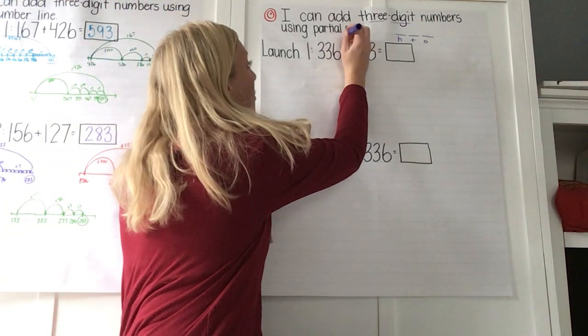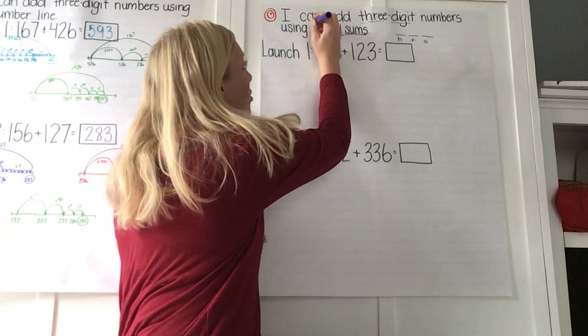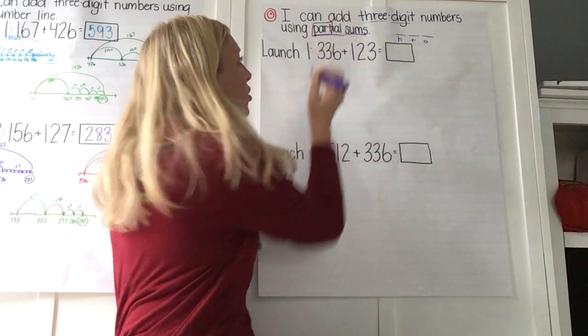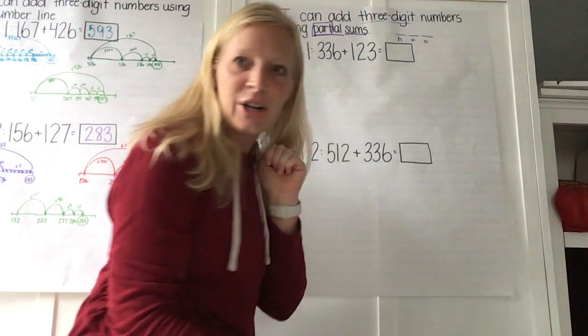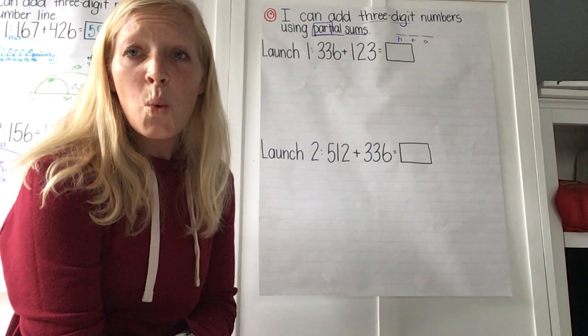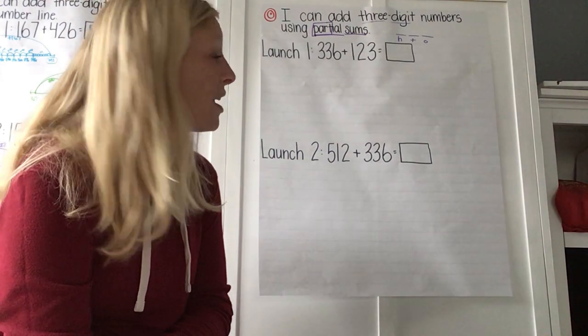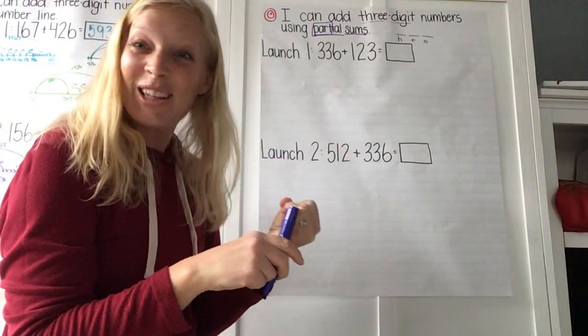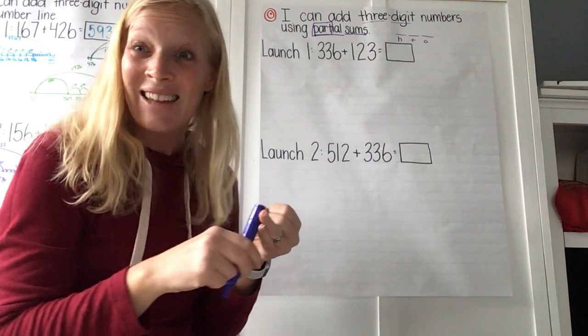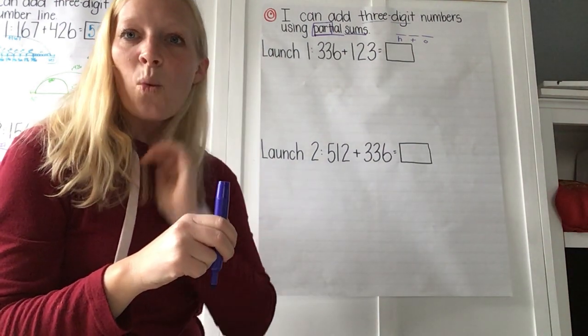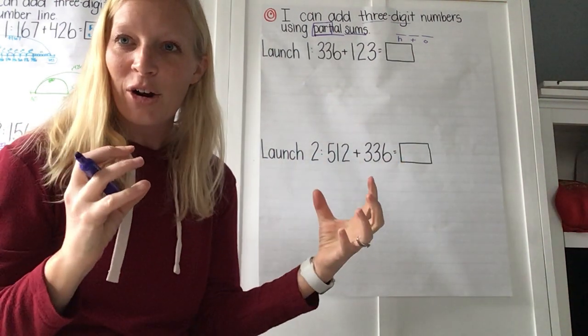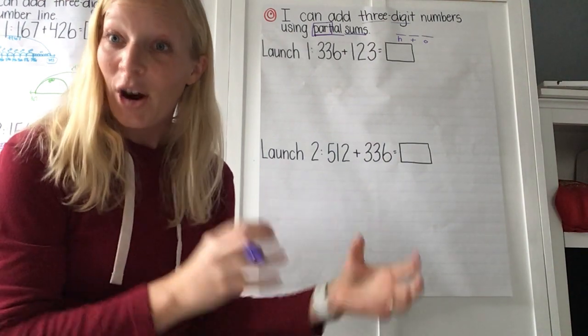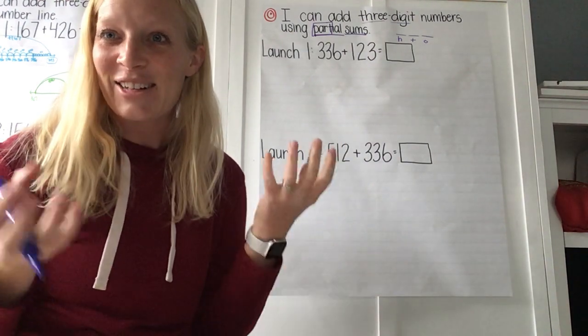When we think about partial sums, there's a little word inside of partial, and that's the word part. We've seen this with our number lines and our base 10 blocks, that we can break up our 3-digit numbers into smaller parts and make them easier to add.